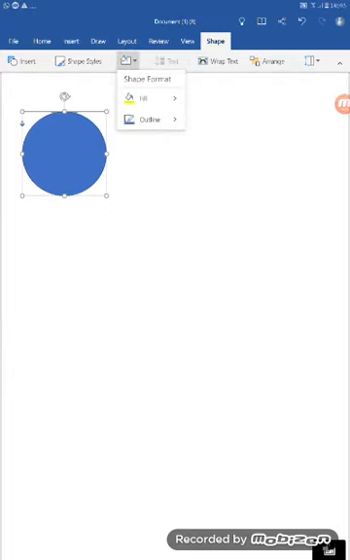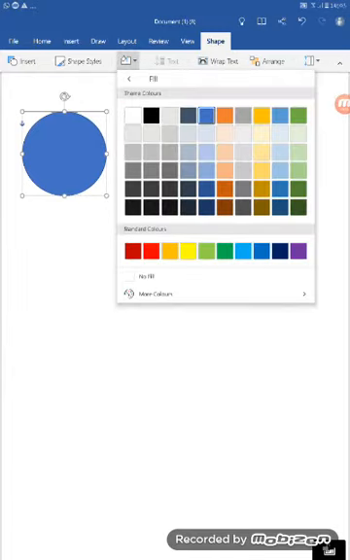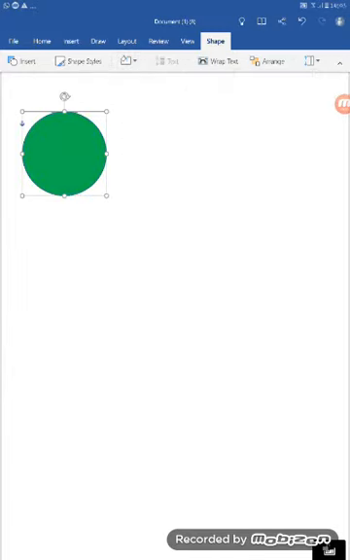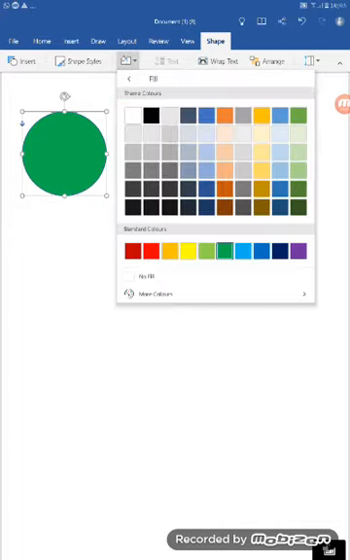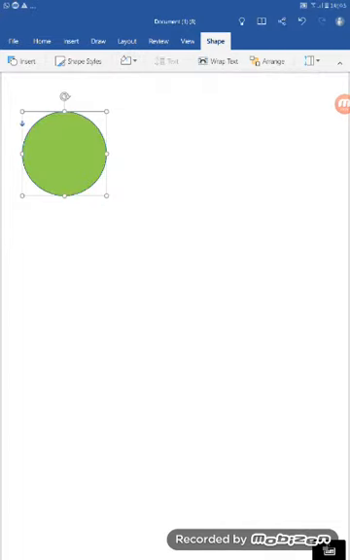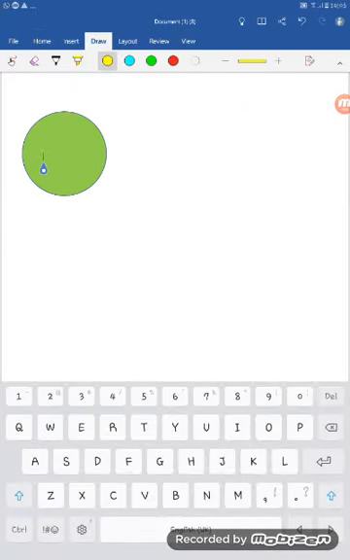Let's fill it with green color because it's a ball. Okay. It's a ball and ball is a noun.